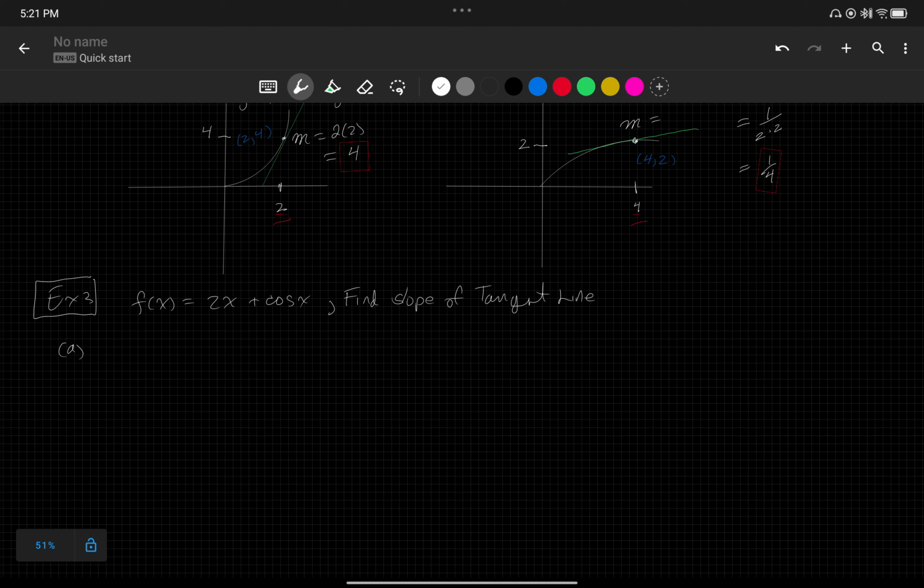So part A is going to be at x equals 0 for f of x. And then part B at x equals 1 for f inverse.